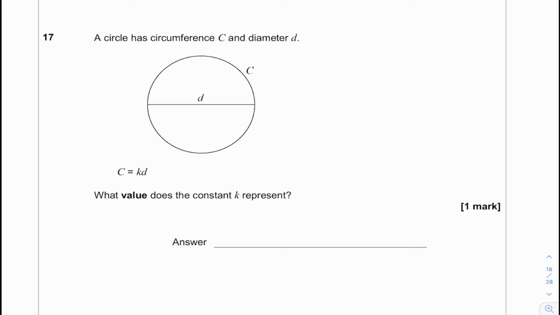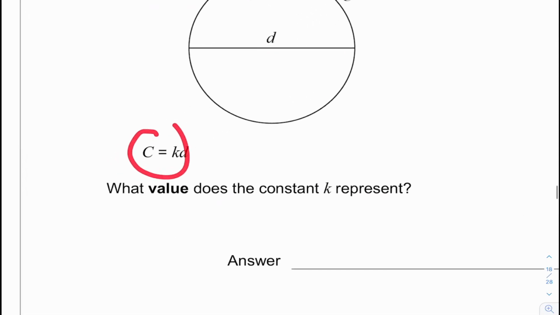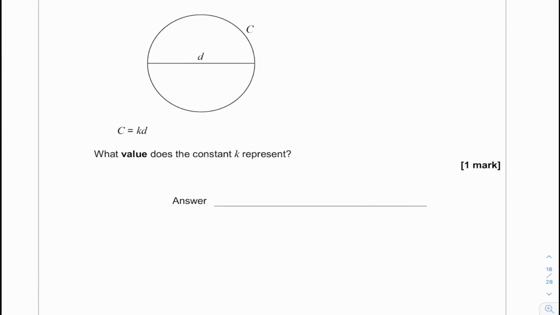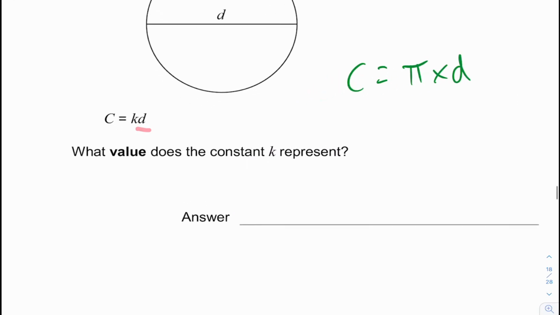Question 17, we are told a circle has circumference C and diameter D. And we're given this formula down here, C equals KD. And we need to say what value the constant K represents. So this formula is clearly defining circumference C, and we know that our formula for circumference is C equals pi times the diameter D. So we've got D on the right hand side here, and we don't have pi, so therefore K must equal pi.